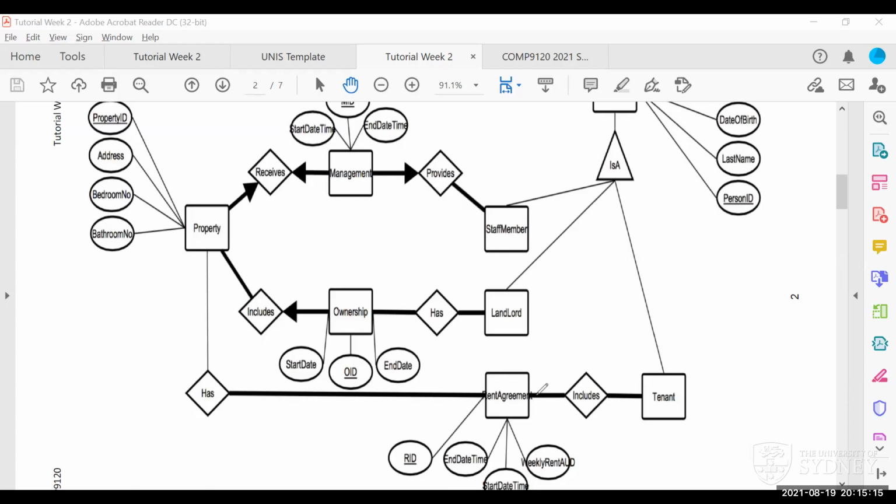So someone else suggested something else. Car space is missing under property. Okay, so do you think that is correct? If you look at property here, a property has a number of member attributes such as property ID, the address, bedroom number, and bathroom number. So do we see car space number as missing in this case?